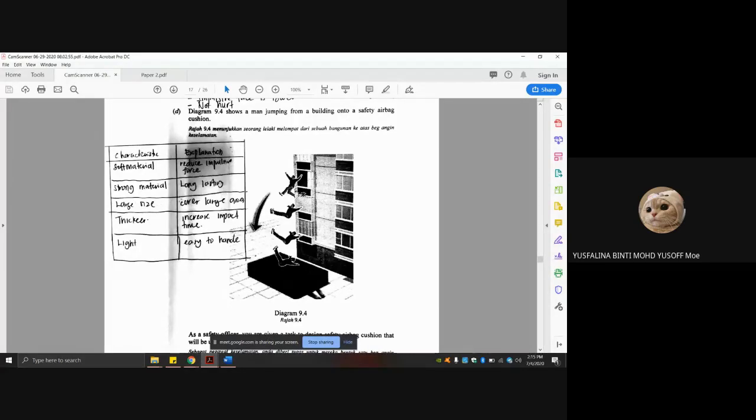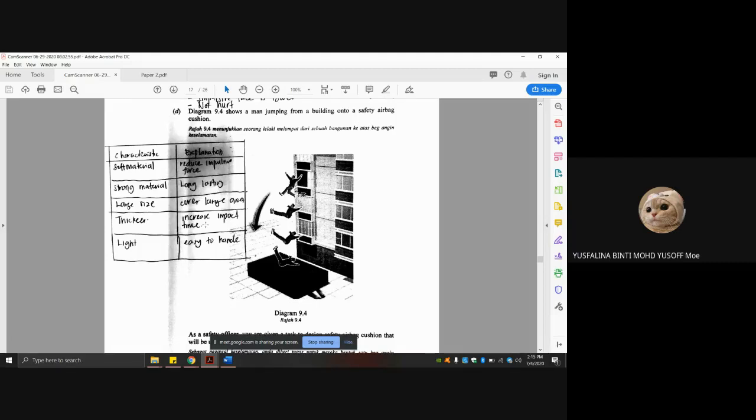Large size, so it covers a large area. Thicker material, to increase impact time. You can also say reduce impulsive force, but you already used that, so maybe change this one to increase impact time. Teacher, what if I put reduce impulsive force here?